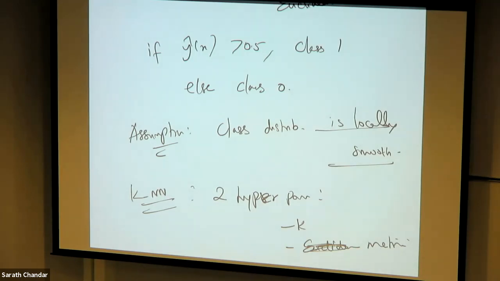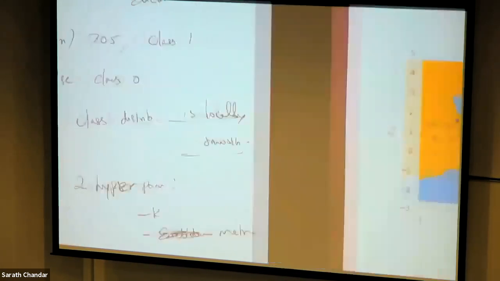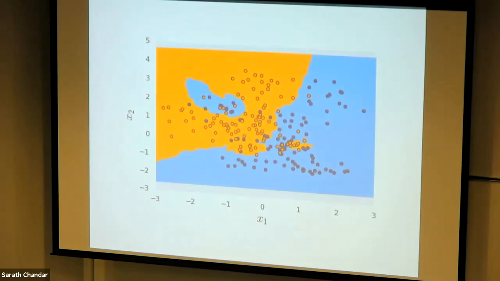So for the purpose of today's discussion, we are going to keep the Euclidean metric as such. We're just going to vary the K value and see what happens. So here is the example when K is equal to 10. We are already seeing a lot of interesting things here.